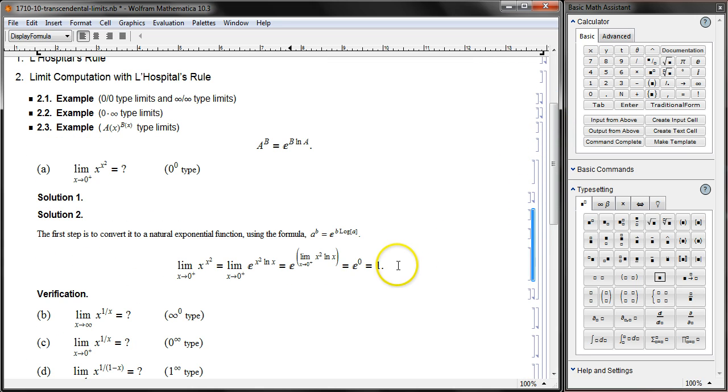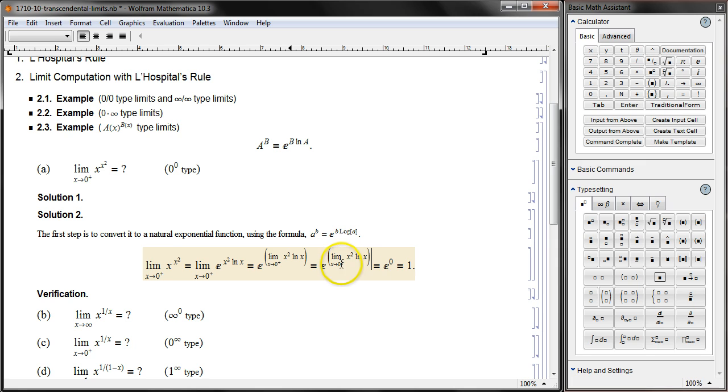Second is the method I personally prefer. How do you handle the x to the x squared part? Okay, this is e to the x squared times log of x. And then we have the limit of this product, and then you can change this into a limit of a fraction.